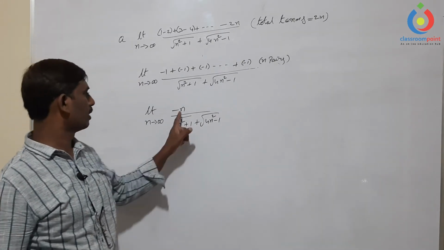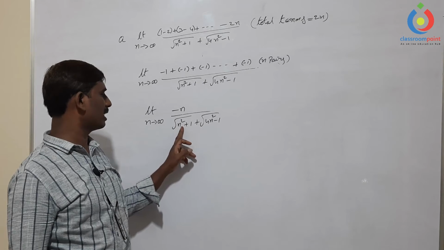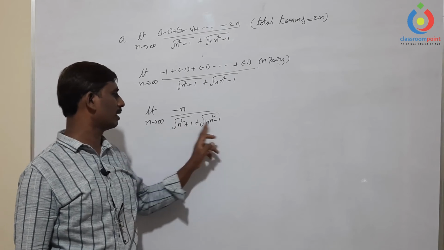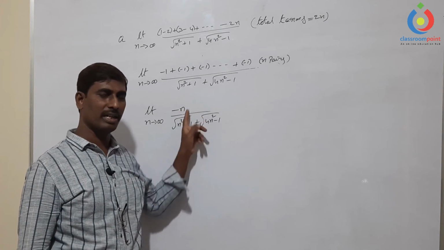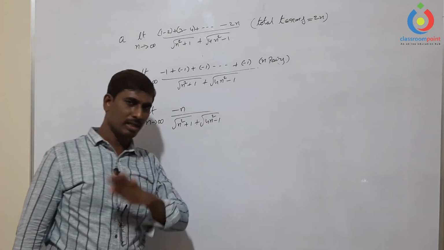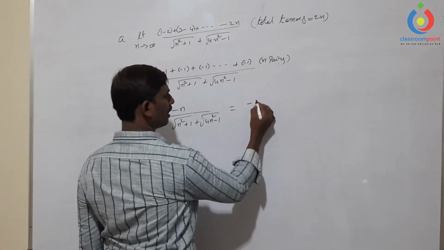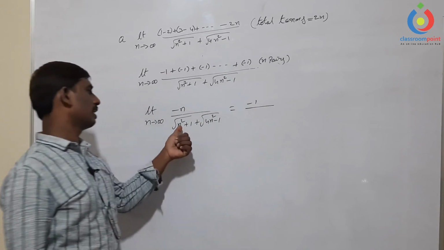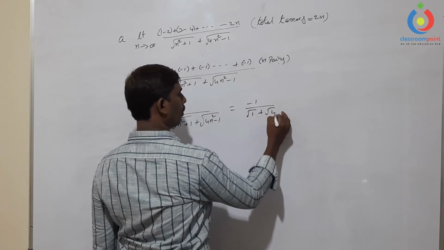Check here. What is the degree of the numerator? 1. In the denominator, taking n square outside, the degree is also 1. So the numerator and denominator degrees are equal. Then take the quotients, that is the answer. The quotient of the numerator is minus 1, the denominator quotients are root 1 and root 4.